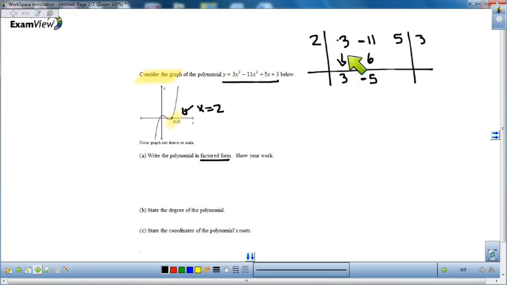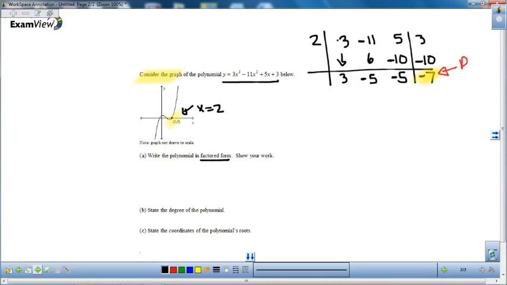So 2 times negative 5 is negative 10, and we're going to write it right here. 5 minus 10 is negative 5. 2 times negative 5 is negative 10. And 3 minus 10 is negative 7. So my remainder is negative 7.